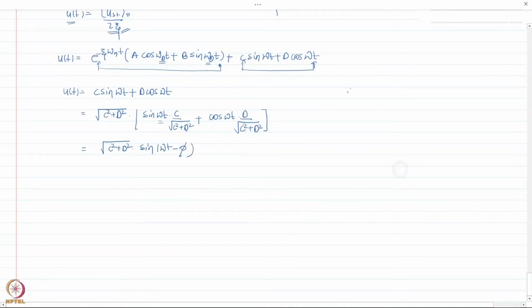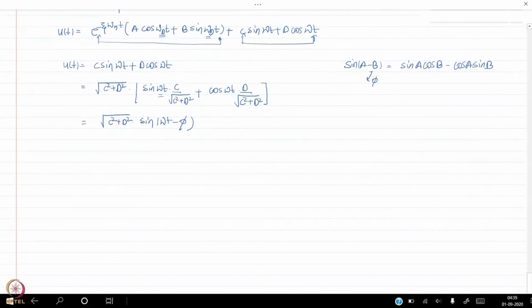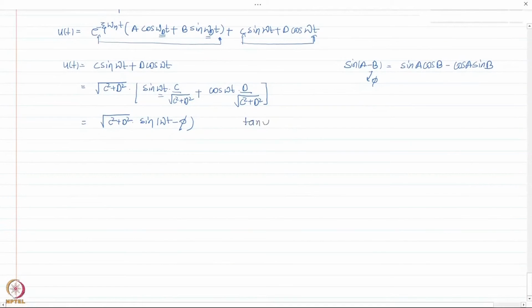And what is sine of A minus B? It is sine A cos B minus cos A sine B. So if we compare, B to phi, let me first write down cos phi.